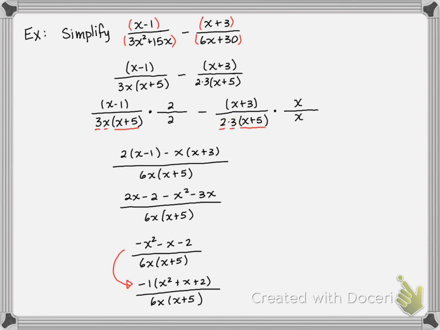Yeah, so here we had a factor of 3, a factor of x, and a factor of x plus 5. Here we had a factor of 2, a factor of 3, and a factor of x plus 5. So they both had these. The one on the right was missing this, and the one on the left was missing this.